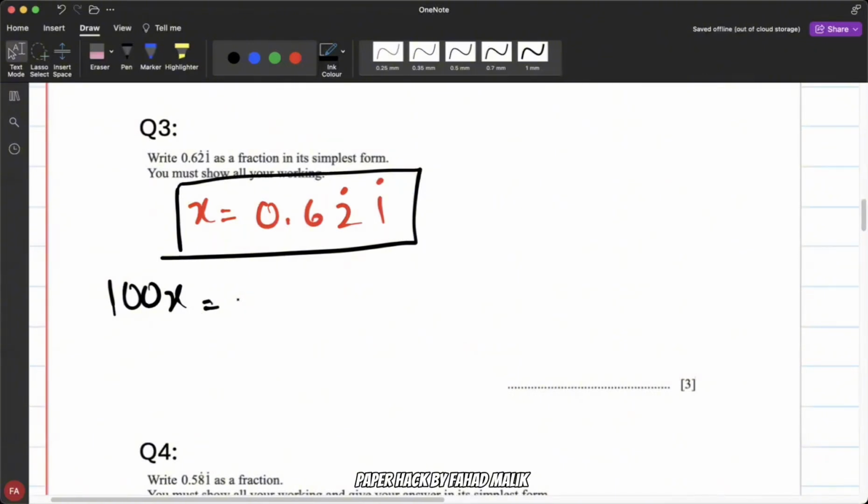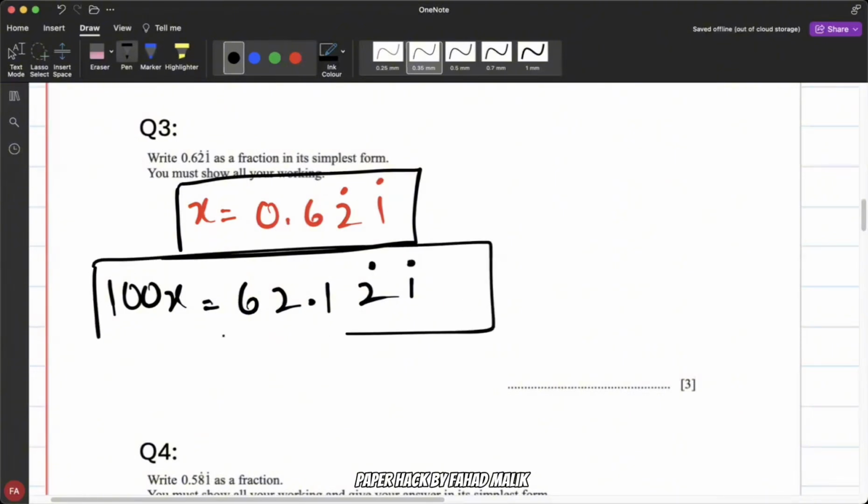I'm just trying to make sure that we work out something that is easily recognizable by everyone. So if I multiply this by 100x, that's going to be 62.1, and then we have 212121, which means that we'll be having a decimal number over here.